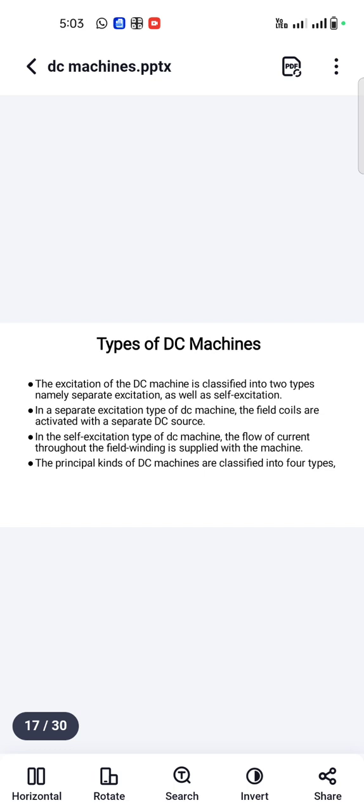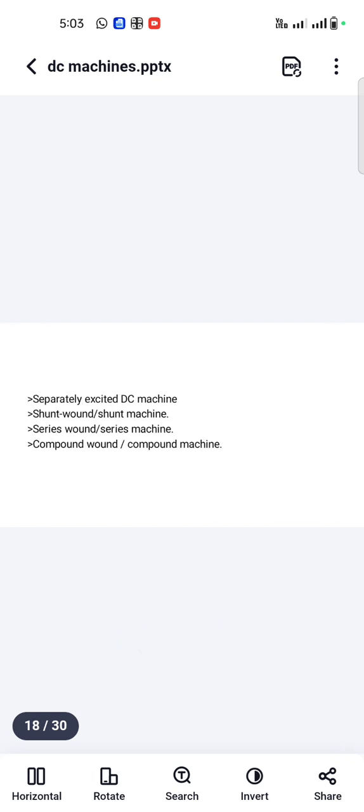Then what's the next one? Types of DC machine. There are many types. We can say self-excited DC machine and separately excited DC machine. Simply remember two types: separately excited DC machine and self-excited DC machine.